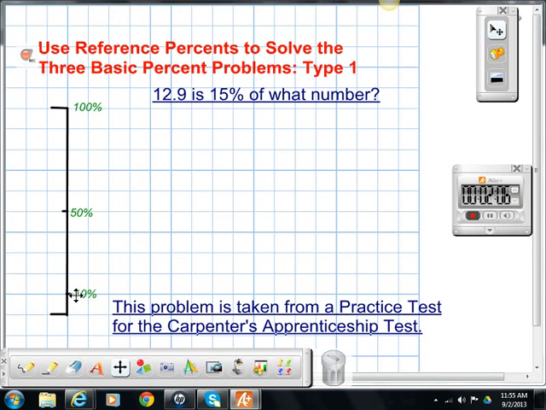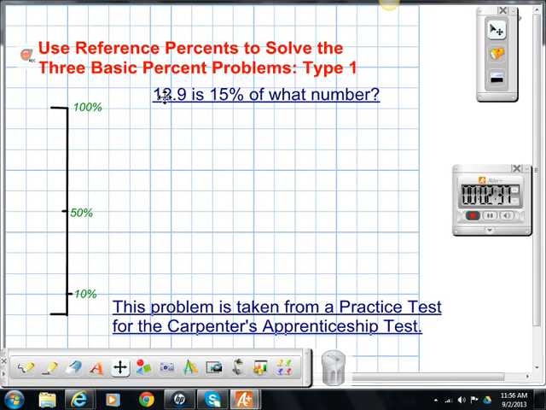And I like to take a tenth of the quantity by dividing by 10, which means move your decimal point one place to the left. I call these our reference percents because they help me figure out the others.